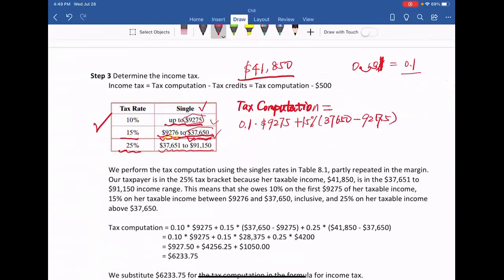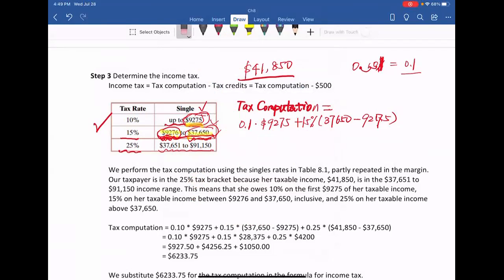You use this amount subtract this amount because this one is included in the range. If we use the other number, we would subtract $1 more.